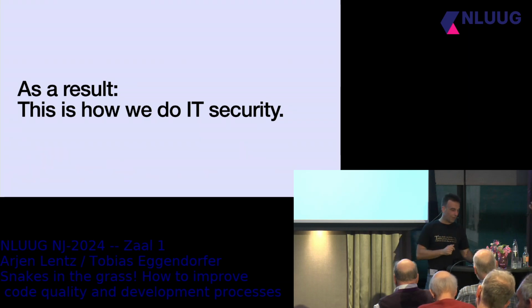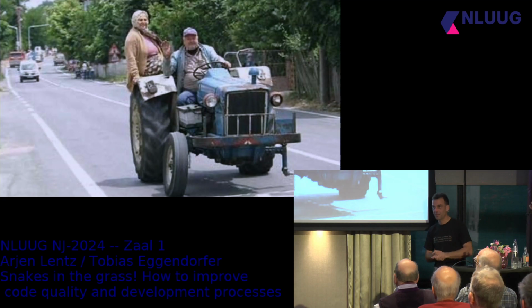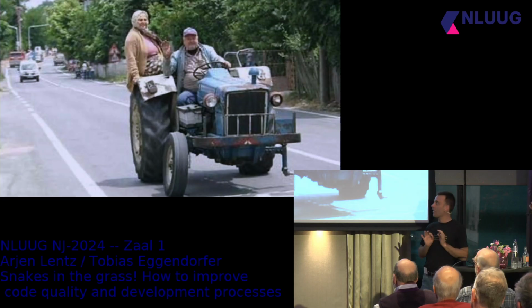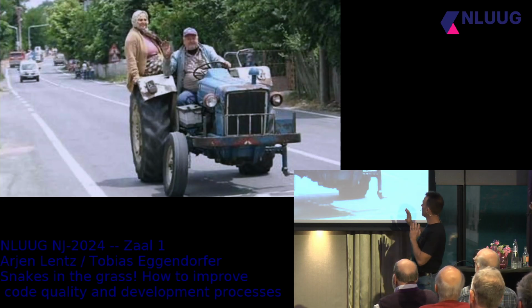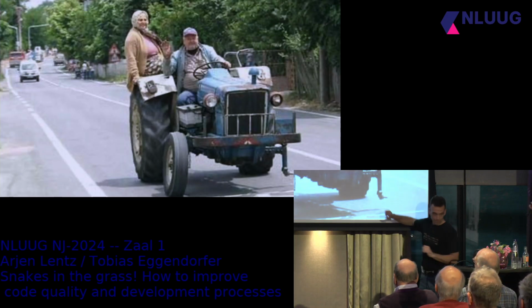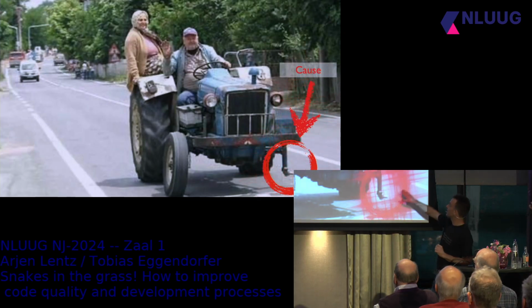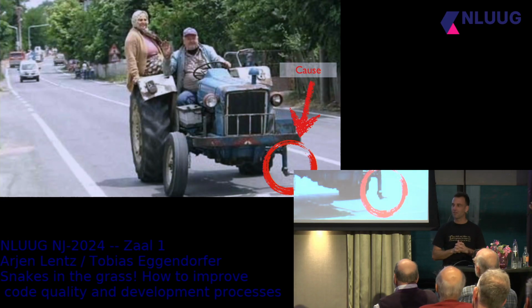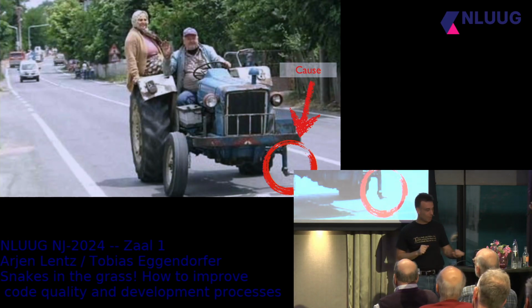But if we think about what we do in IT security, I like this picture here. It's probably not 100% roadworthy, this vehicle. Albeit, if you look at it, you'll notice what we see here, that is the actual security issue. Right? And I'll tell you what the bug fix is.